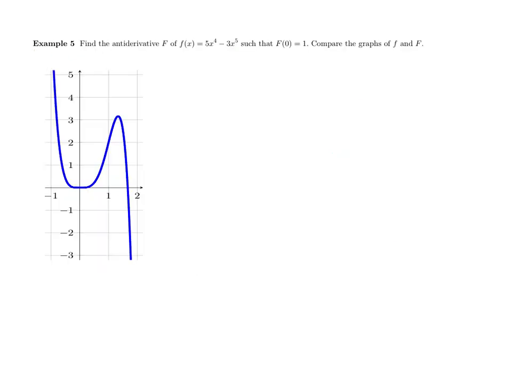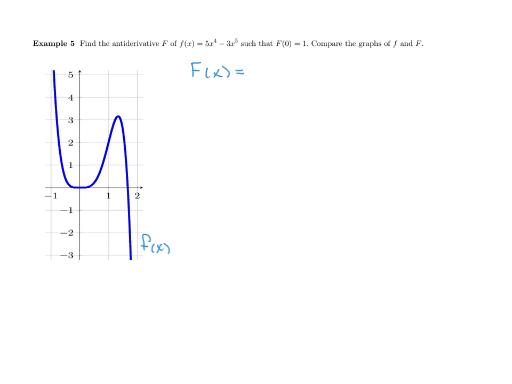In example 5, let's find the antiderivative capital F of f of x is equal to 5x to the fourth minus 3x to the fifth, such that this condition is met on the antiderivative. Here I've actually included a graph of lowercase f here in blue. So let me just mark that this is f of x. I'm going to start by finding the most general antiderivative of lowercase f.